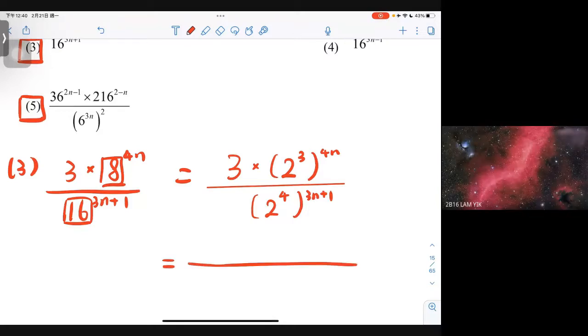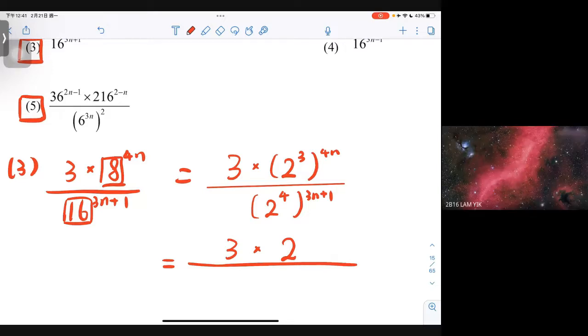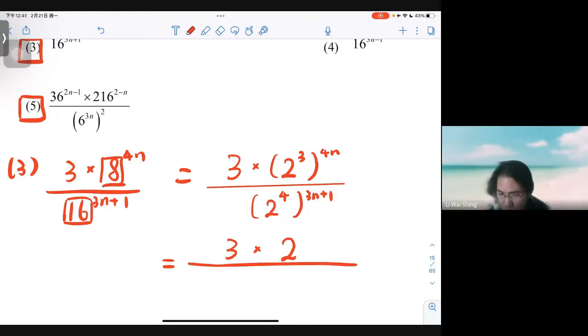And the numerator remains 3 times 2 to the power, how many n's? 4 and 1 n? Numerator. Oh, you skipped the step already?